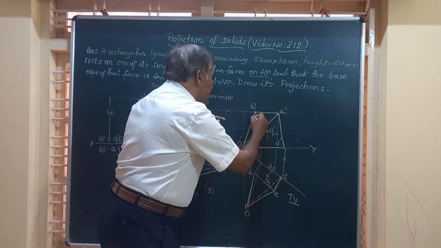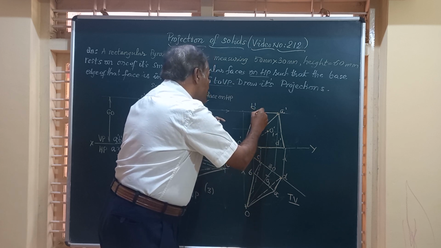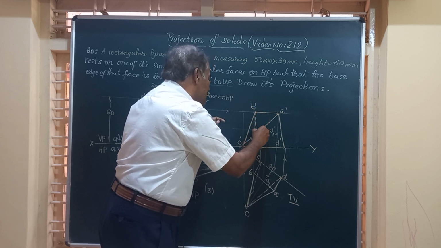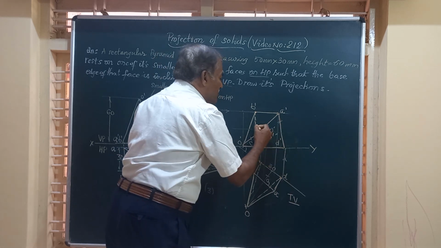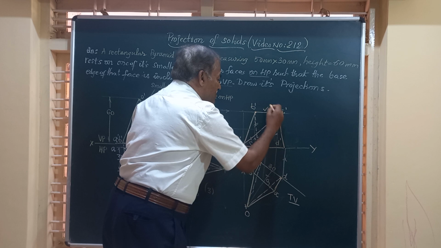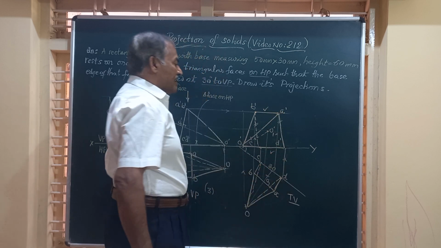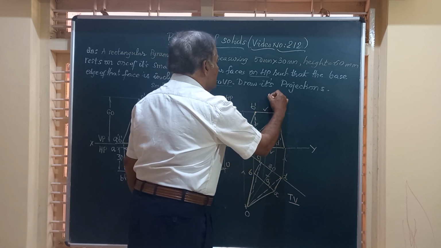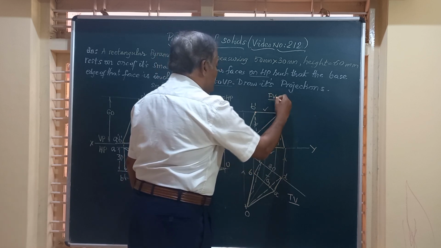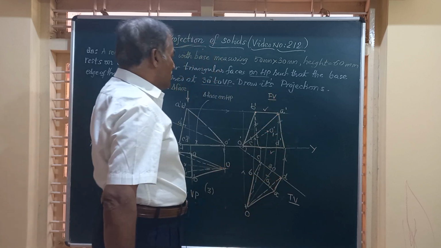Hence, this B dash, C dash should be shown by an invisible line, a dotted line. So obviously, this line will be parallel to this, and they will have the same measurement. Friends, here you have got the front view of the solid, FV. This is the final top view of the solid.